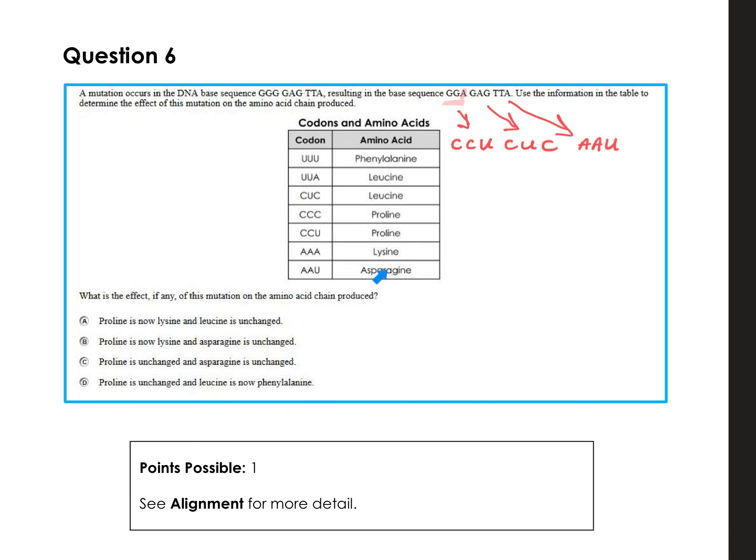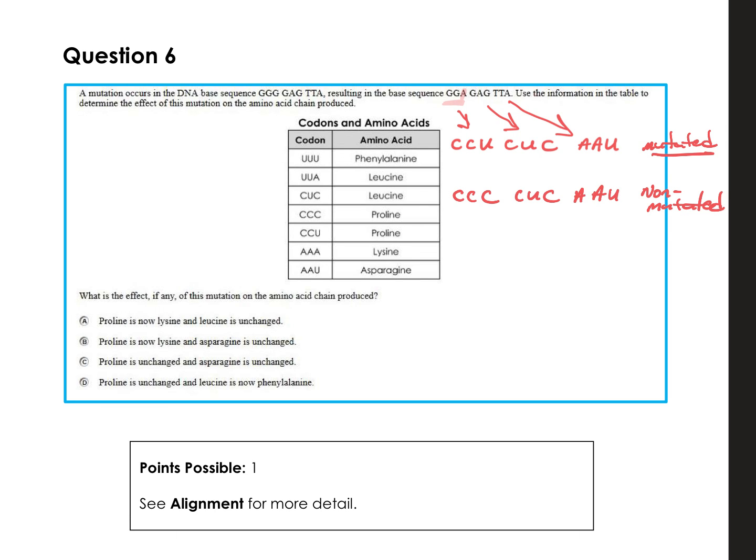AAU is going to be asparagine. By the way, this is the mutated version, right? The non-mutated version would be CCC, CUC, AAU.